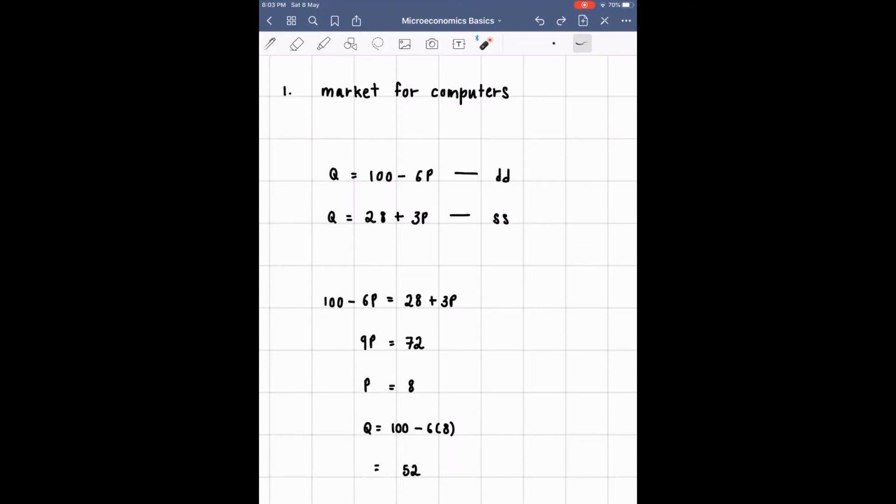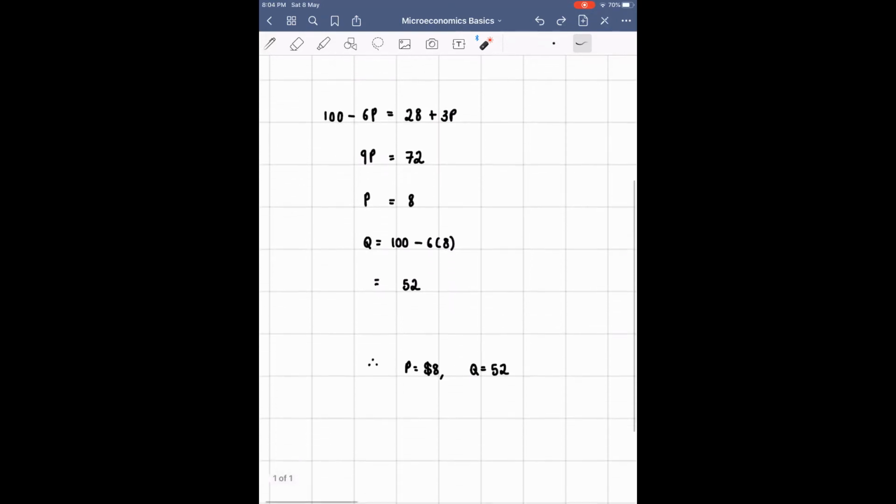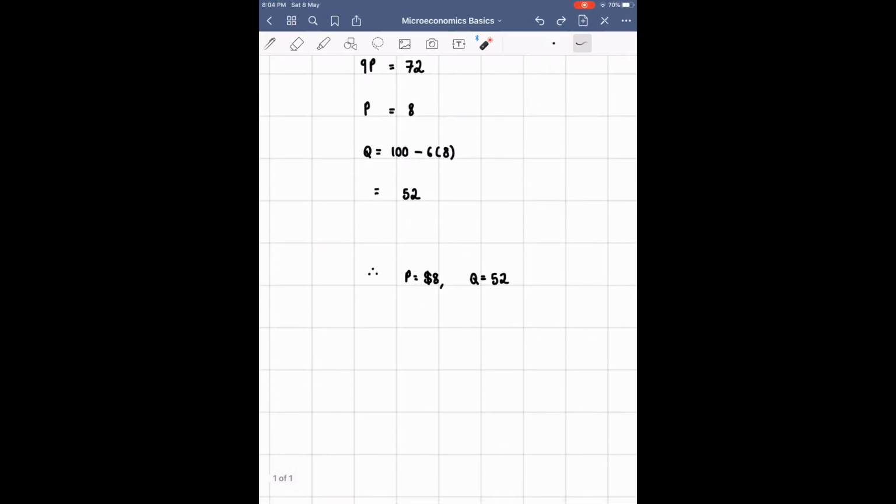Today I am going to show you that if we were given the inverse form instead of this regular form, we are going to obtain the same answer of P equal to 8 and Q equal to 52. So let us try to solve and get that answer.